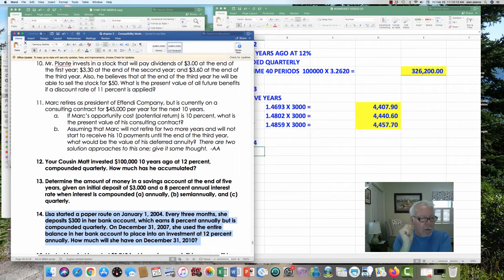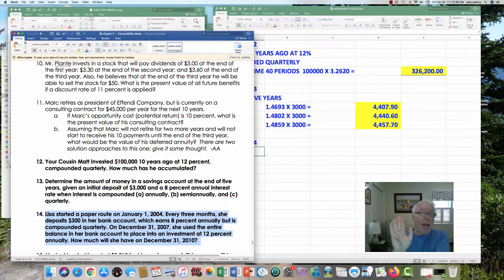Okay? So we have a woman starting a paper route. She's going to earn some money on January 1, 2024. And every 3 months, she's going to save and save and save all the money she makes. And when she gets $300, she's going to run to her local bank and deposit it every quarter. That means 4 times a year, right? And it's always the same amount.